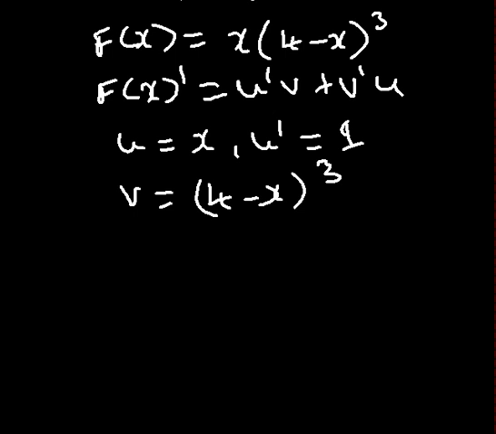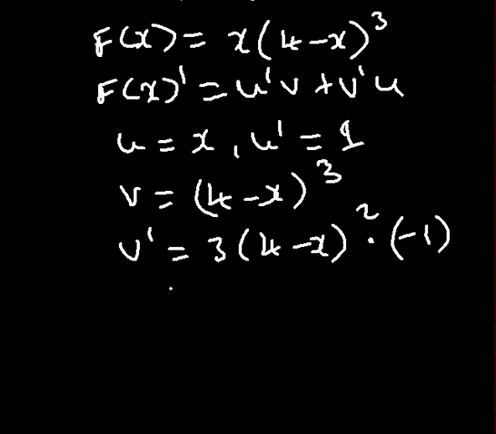Now the derivative of v is done using the chain rule of differentiation. The v prime is given as 3 times the inner function to the power 2 times the derivative of the inner function, which is negative 1. And thus we have negative 3 times 4 minus x squared.